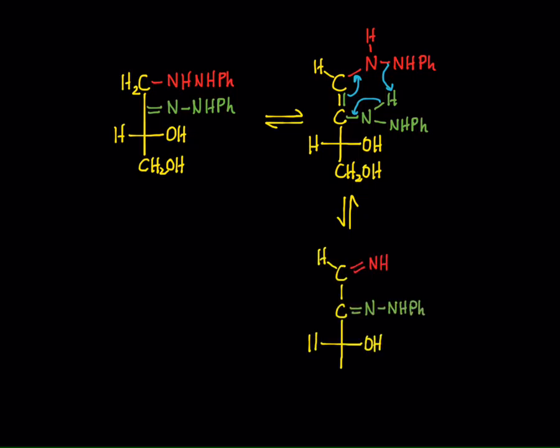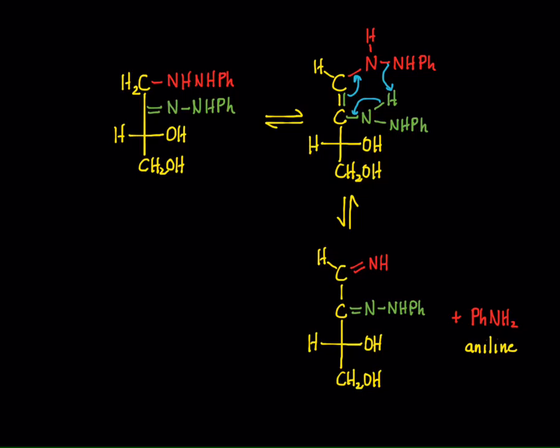I get a double bond on C1, I get a double bond to nitrogen, which has a hydrogen off of it. On C2, I now have another double bond of nitrogen, which has the aniline coming off of it. I also have liberated aniline as one of my products, so there is that formation of aniline.